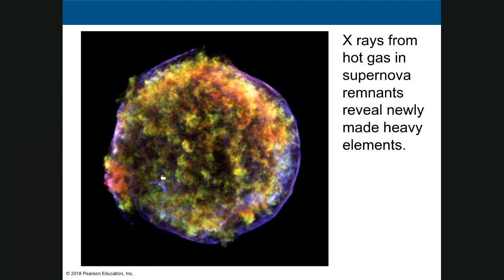Now, keep in mind, an explosion like this is easily bigger than our entire solar system, right? So we can see newly made heavy elements and things like that. And this is all being exploded out into interstellar space.